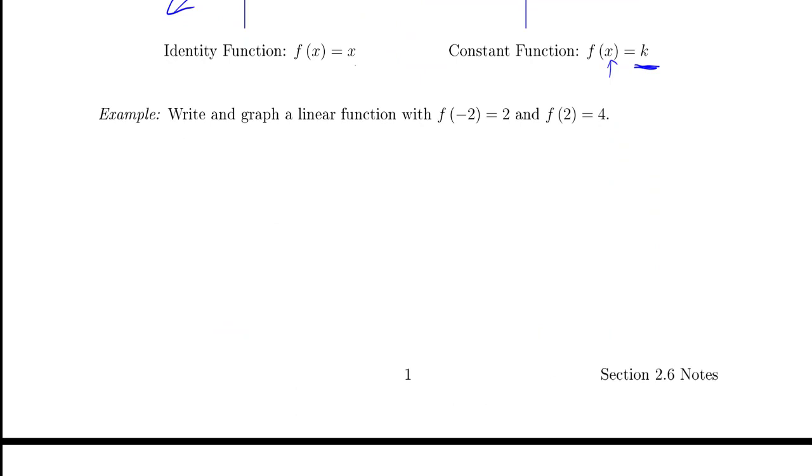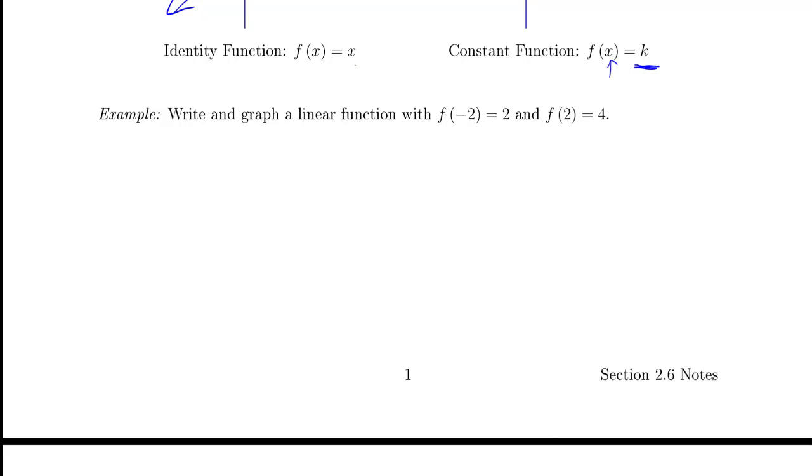So what might we make of this example? Write and graph a linear function with f of negative 2 equals 2 and f of 2 equals 4. So we want to come up with a specific linear function that gives us these values when we plug in negative 2 and 2. But let's notice something.